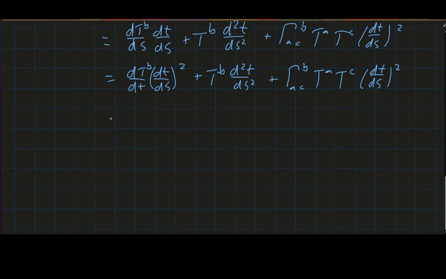We take the dt by ds squared out front, and that's going to leave us with a dT^B by dt plus Gamma^B_AC T^A T^C, and then plus our term that doesn't have that square. This term has the derivative operator applied twice.